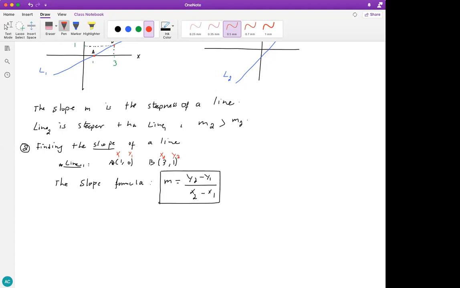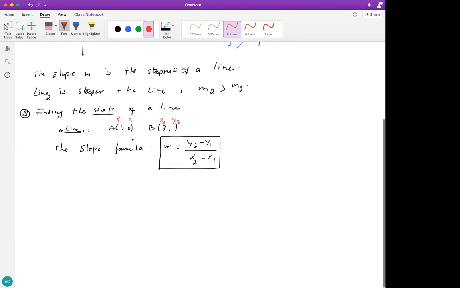This is the second point. So x1, y1, x2, y2. All you have to do now is take these and plug them into the formula. We're going to plug them into this formula and simplify it, and we'll get our slope. Could be a whole number, could be an integer, could be a fraction.